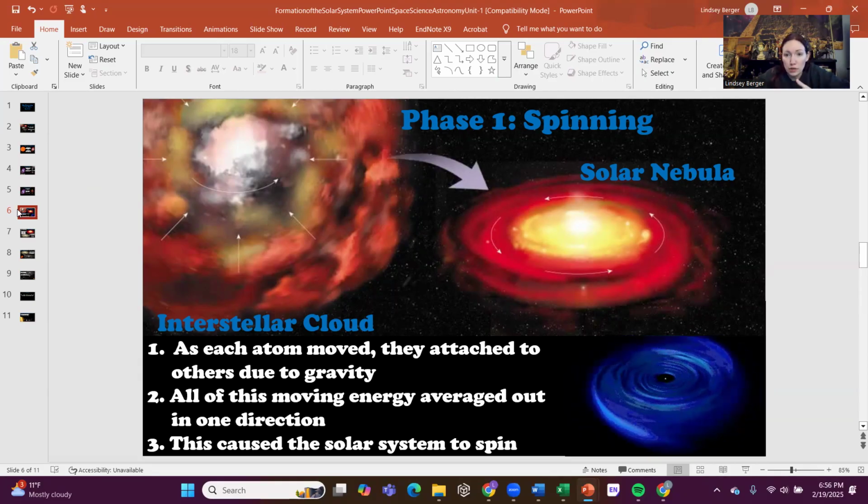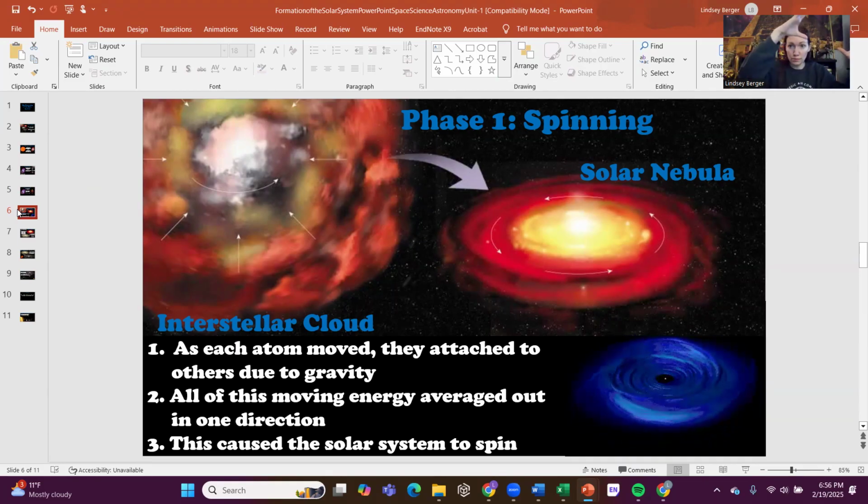So we have the protostar with the solar nebula. It's spinning. That spinning is still there today. The solar system is still moving through the galaxy. Remember that picture I showed you of the artistic interpretation of the Milky Way galaxy? Remember, we're on the Orion arm, and we are moving. So the galaxy itself is moving through the universe, okay?